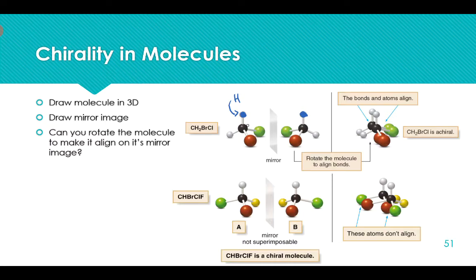Now you can see the green is on the right. So if I take this molecule and spin it around to put the green on the right, then I can align all of these atoms again. So this one is superimposable on its mirror image. That means it's achiral.